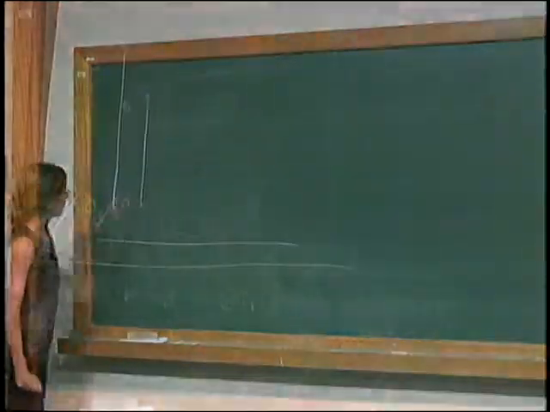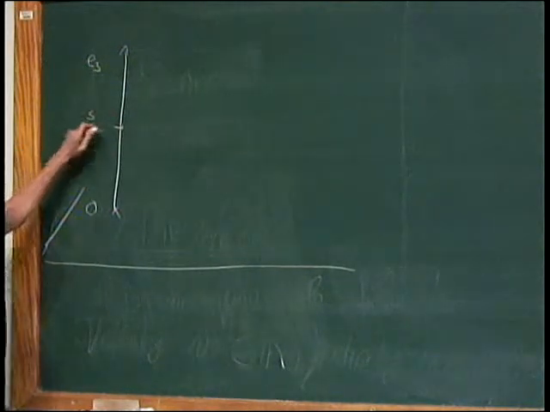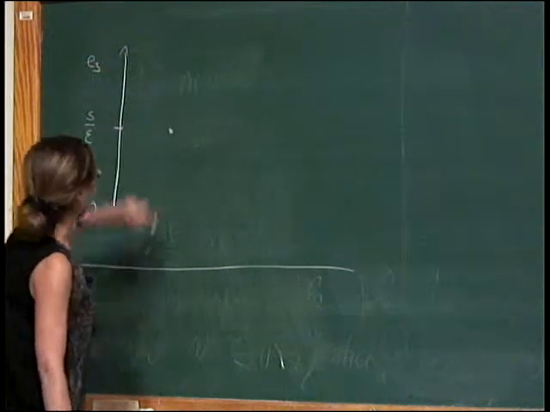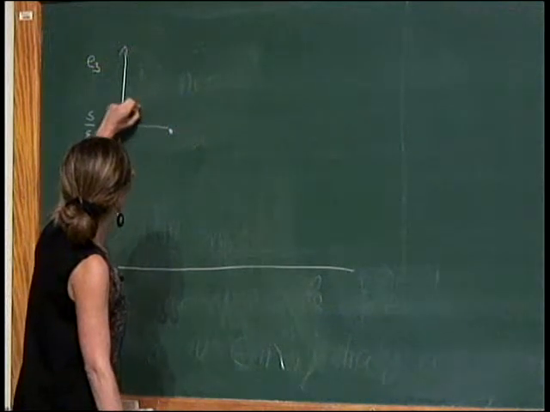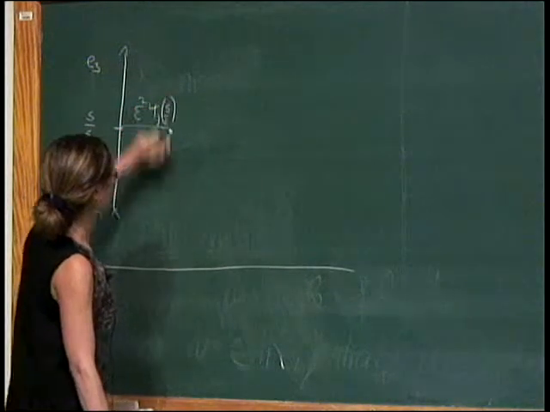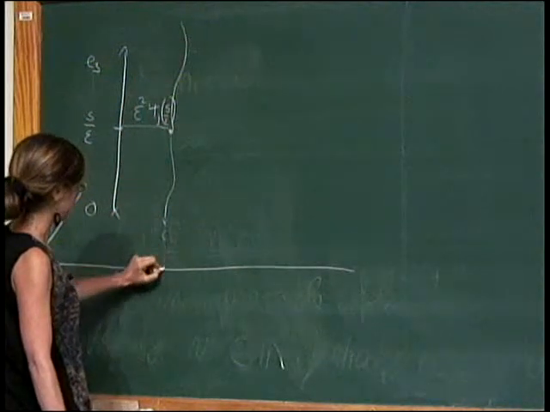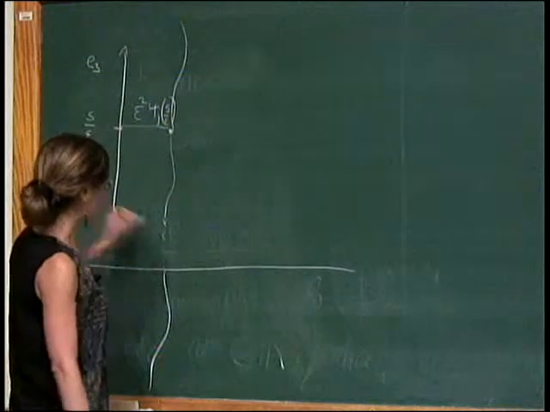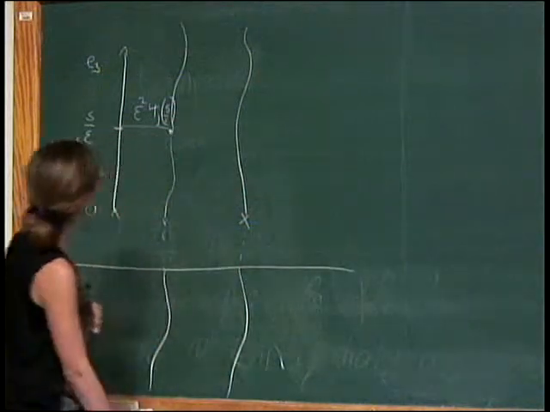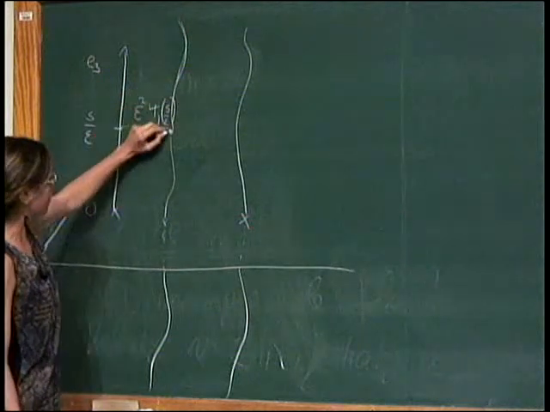At the height s over epsilon, I have a vortex filament at position epsilon squared psi j of s over epsilon. So my filament will be like this, and I have several ones. I consider very thin tubes around these lines.